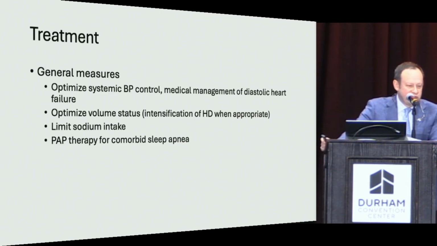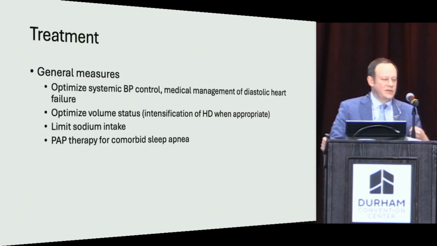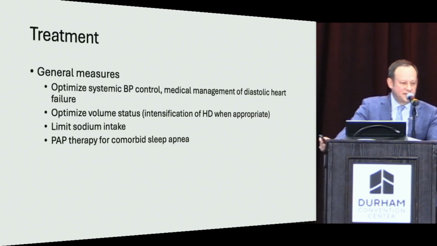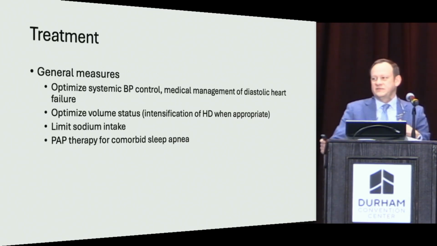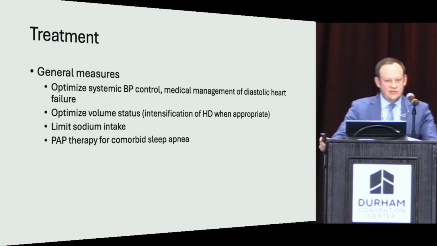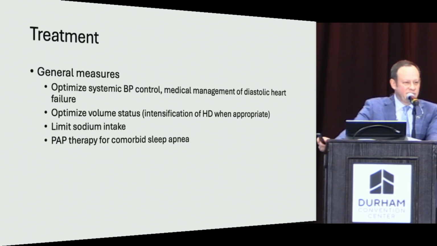So, what is the treatment then for these patients with pulmonary hypertension and chronic kidney disease or end-stage renal disease? Well, optimization of all of the other comorbid contributors is really of paramount importance. So, optimizing systemic blood pressure control, medical management of diastolic heart failure, which we've heard about ad nauseum today, optimizing volume status, which oftentimes when we do right heart cath on these patients, we find, oh, well, your wedge is 27, and it turns out you need more intensification of your dialysis and volume removal with your dialysis sessions or additional dialysis sessions.